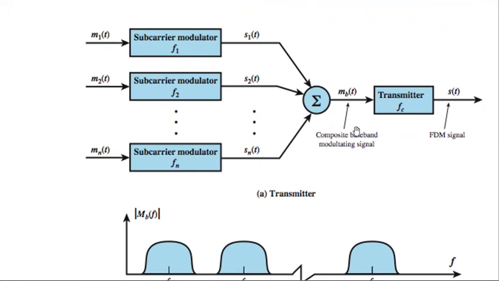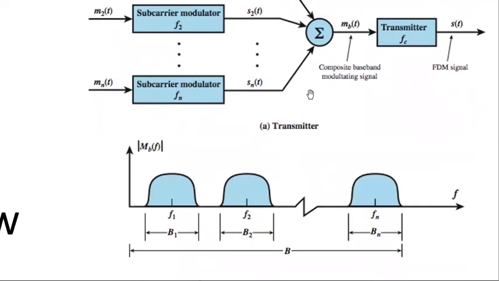The resulting analog modulated signals are then summed to produce a composite baseband signal, the composite baseband modulating signal. The spectrum of the signal is shifted to be centered on Fi. The frequency assigned is Fi, and the composite signal is then shifted to another carrier.